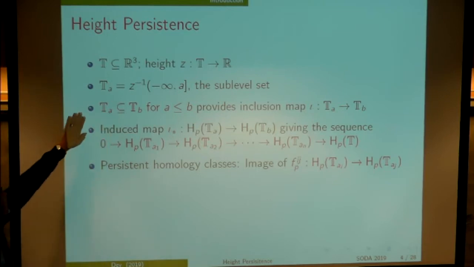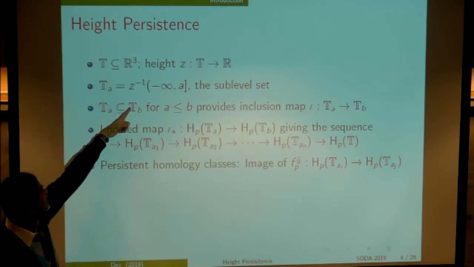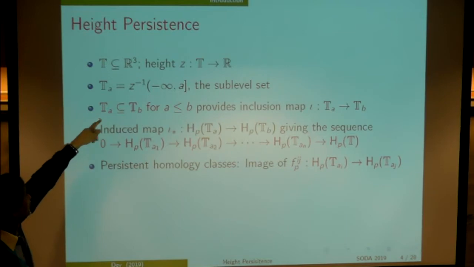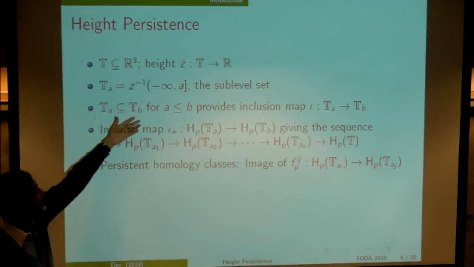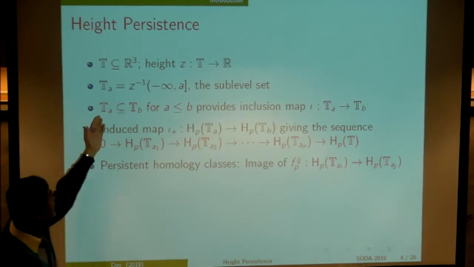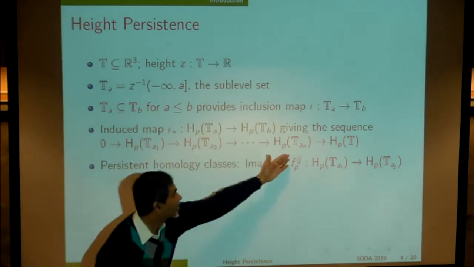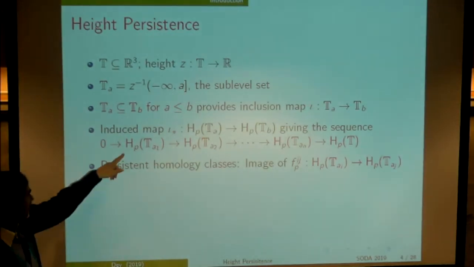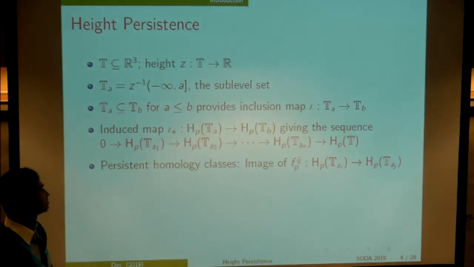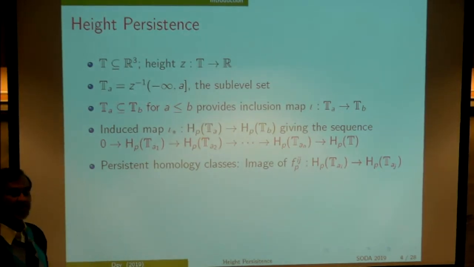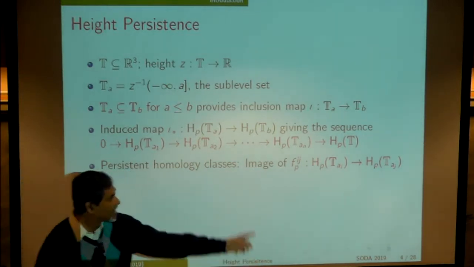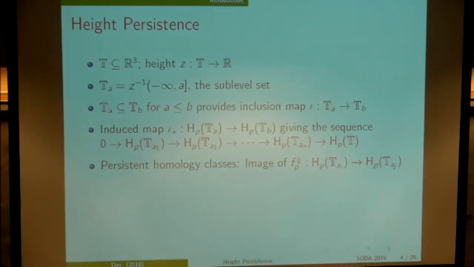So T sub A is the sublevel set with the function z, and we already know that T sub A is included in T sub B if A is less than or equal to B. These are all usual, and using these inclusions, again I get a persistence module where all these homologies are the singular homologies, but it doesn't matter at this point. All the concepts are well defined, and we have the persistent homology classes, and all the notions go through.